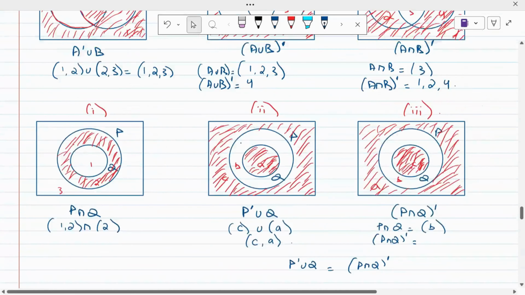So A complement intersection B means you have to remove A from B. I'm repeating this again: wherever you see intersection complement, that means you have to remove that set.